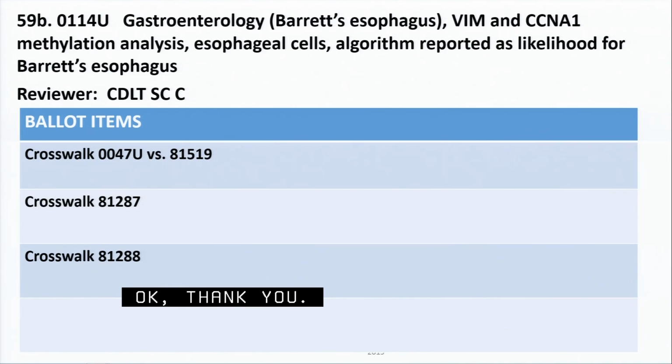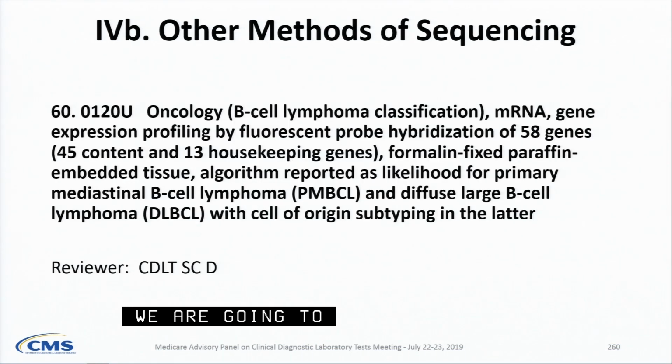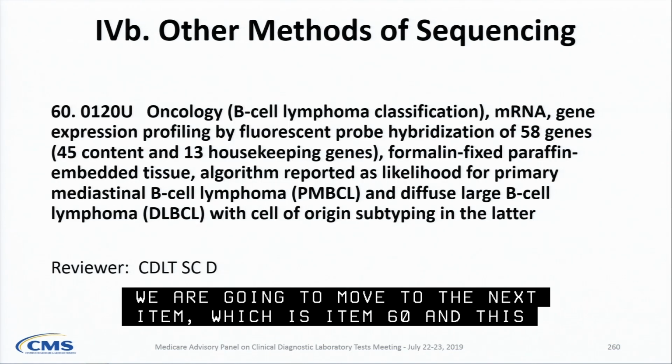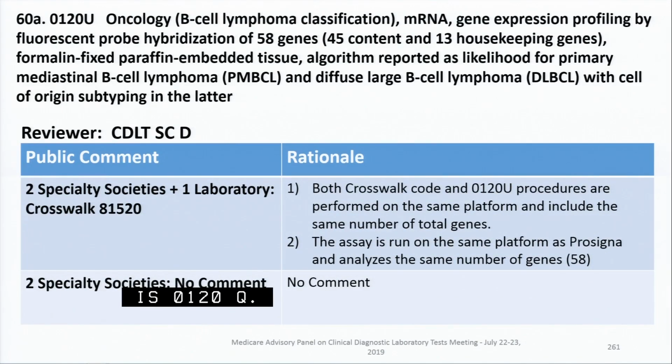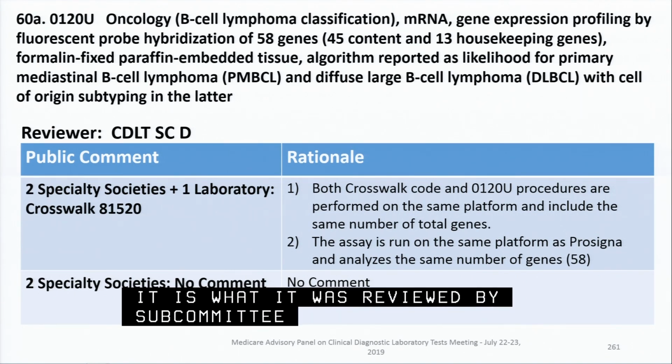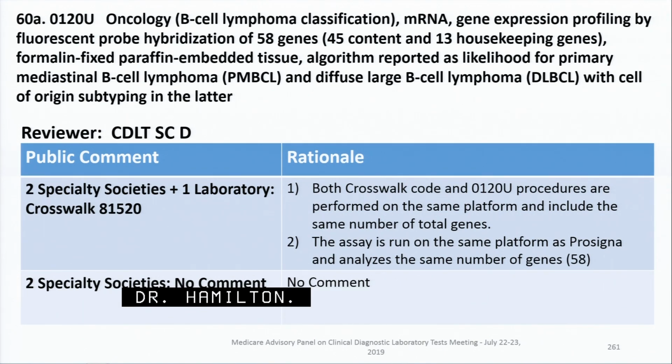So we're going to move on to the next item, which is item 60, and this is 0120U, and this is a B-cell lymphoma classification test, and it was reviewed by Subcommittee D, and I'm going to turn this over to Dr. Hamilton. Thank you. The disease entity in this one is lymphoma.